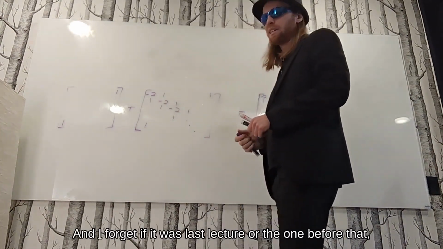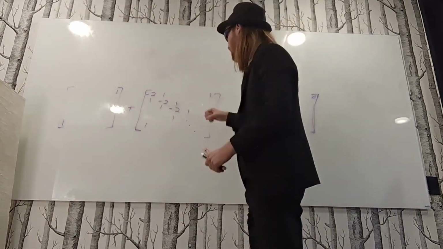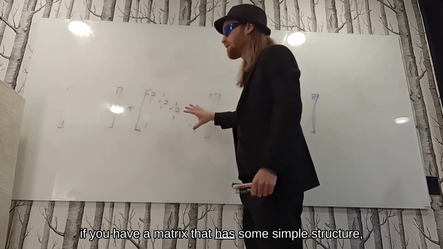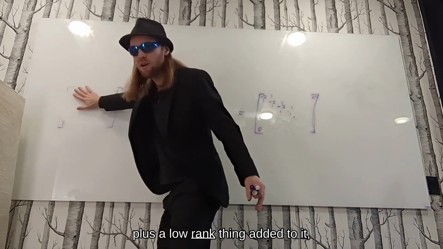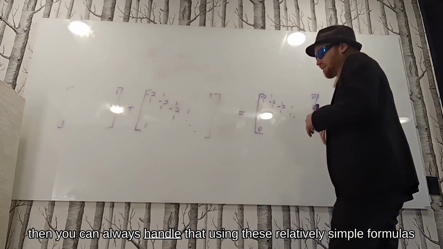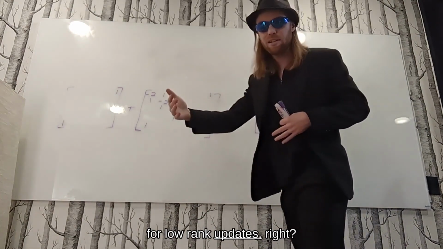And I forget if it was last lecture or the one before that, but we talked about this idea that if you have a matrix that has some simple structure plus a low rank thing added to it, then you can always handle that using these relatively simple formulas for low rank updates, right?